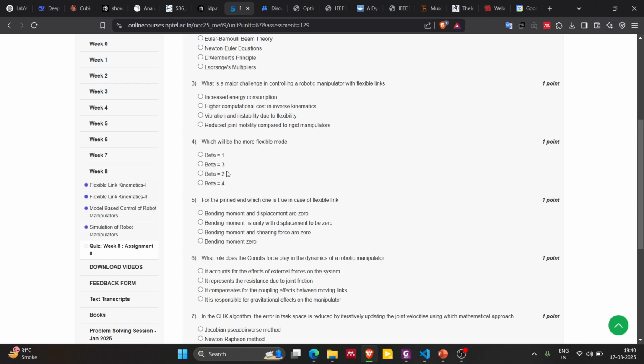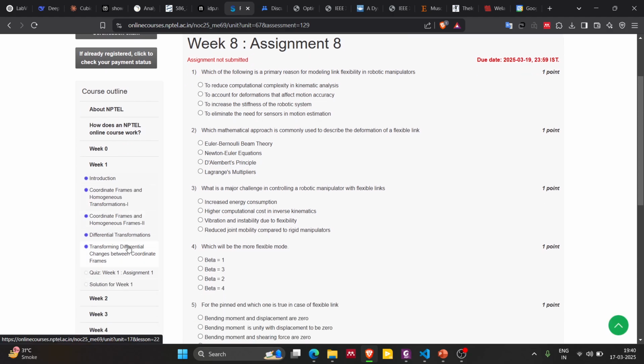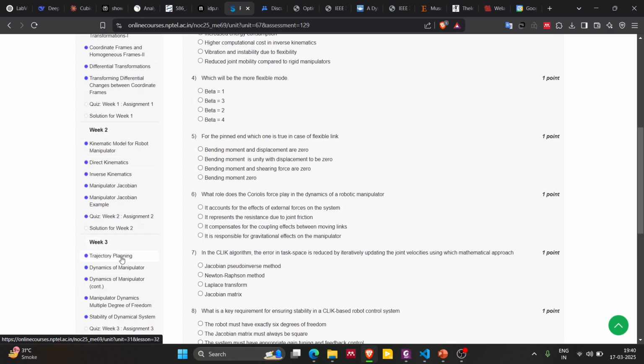Okay, I think this is it for the week 8 session. There will be one more session where I will mostly cover the first week, second week, and third week. These are the basics for the robotics.